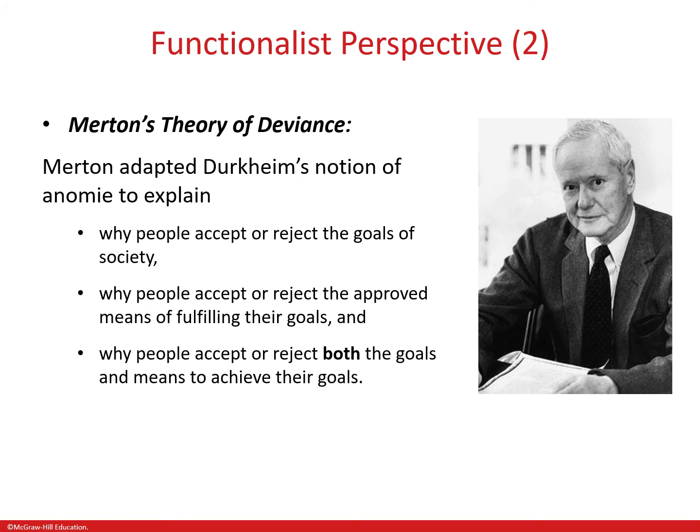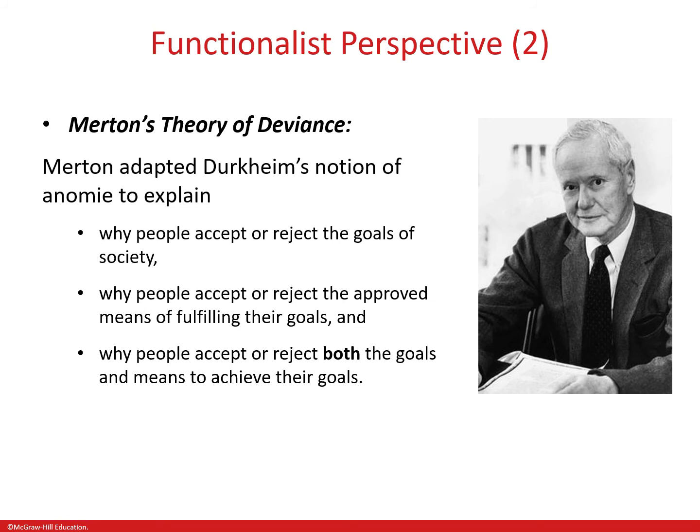Success is typically measured by obtaining wealth, and the means to obtain this wealth is through hard work. So you have a goal. The goal is to achieve success. In order to achieve that goal, you need to obtain wealth. And the means to obtain this goal is through hard work.